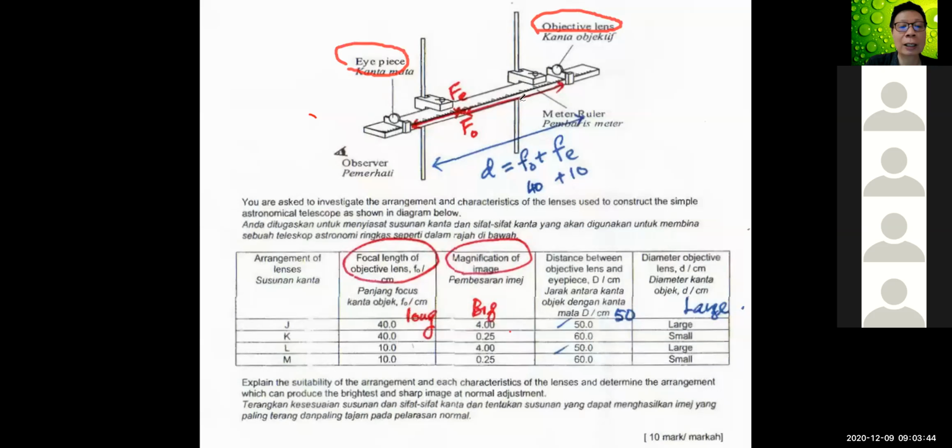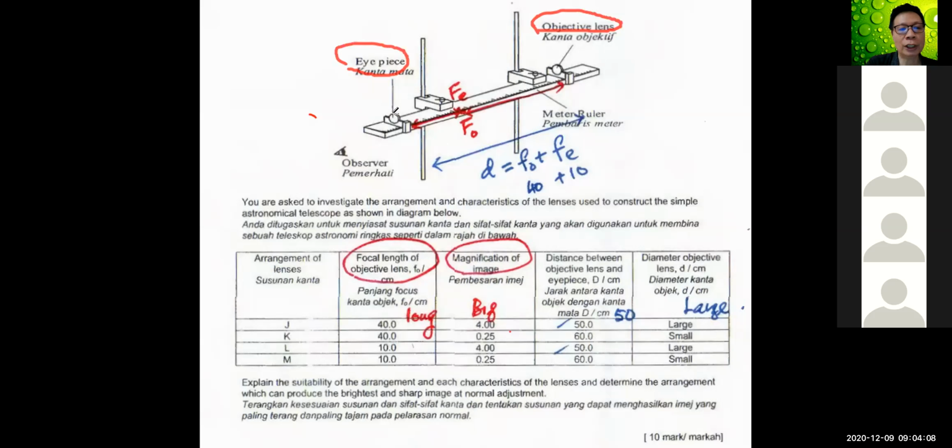The eyepiece is shorter. For the objective lens, the focal length is long, meaning it should be low power. This makes the distance between the two lenses exactly FO plus FE. This one you must know. There's no gap here.